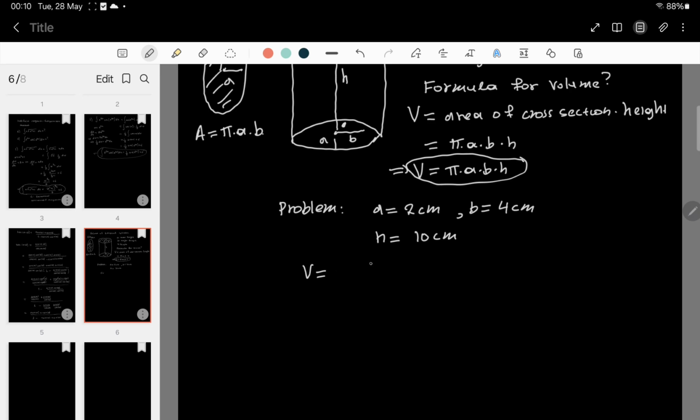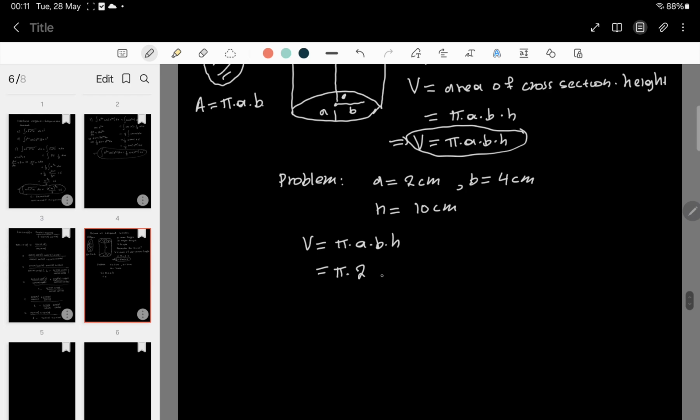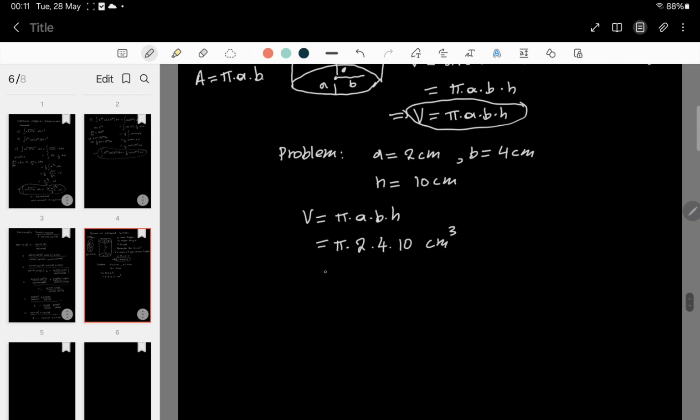So according to this formula, pi times A times B times H, pi times A is 2, times B is 4, times H is 10, and this is of course centimeter cubed, because we are speaking about volume of a shape. So 2 times 4 equals 8, times 10, 80 pi cubic centimeters.